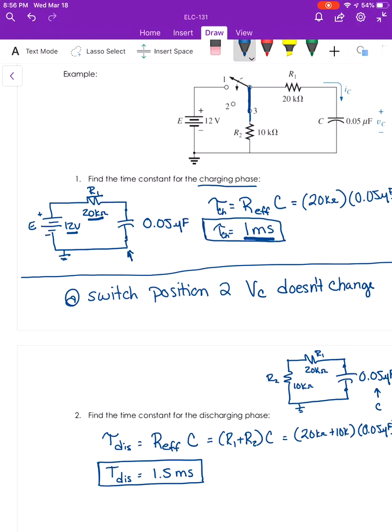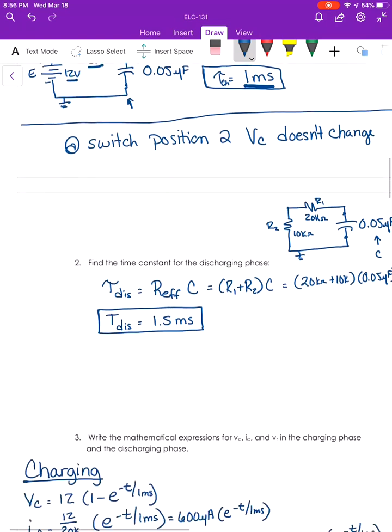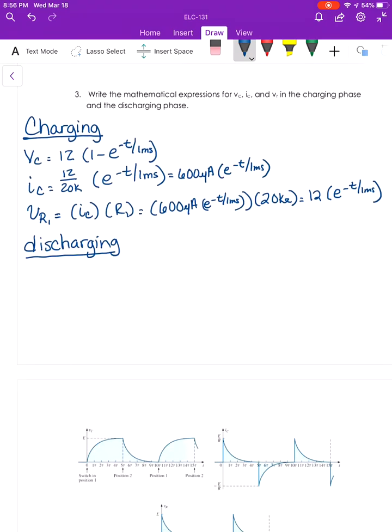As soon as we do that, everything in the circuit is going to start at a maximum value and go to 0. So for VC, IC, VR1, and VR2, they all have that e to the minus t over tau shape.